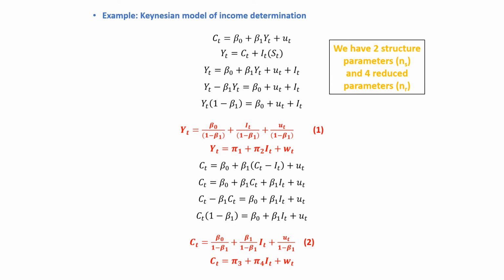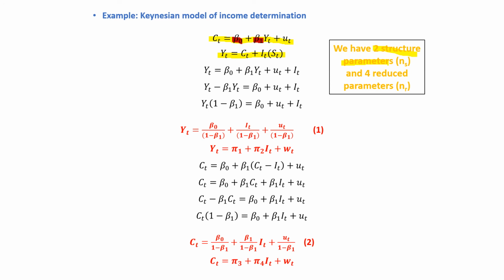Now again, back to the Keynesian model of income determination concerning consumption and income. Let me remind you of the equations: consumption is represented as a function in the income, and income is represented as the summation of the consumption plus the investment or the saving. So in this example, we have two structural parameters, which are beta naught and beta 1.